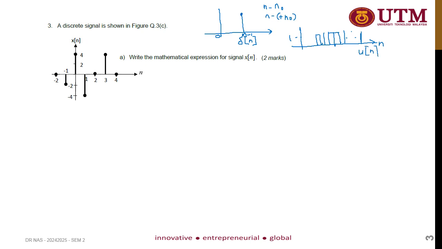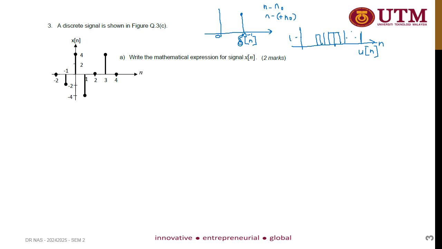If you have only a single impulse at a certain position, you should represent it with the delta function. So let's look at the signal you have. Basically you have multiple impulses at different positions, so you need to write your equation in delta n functions.